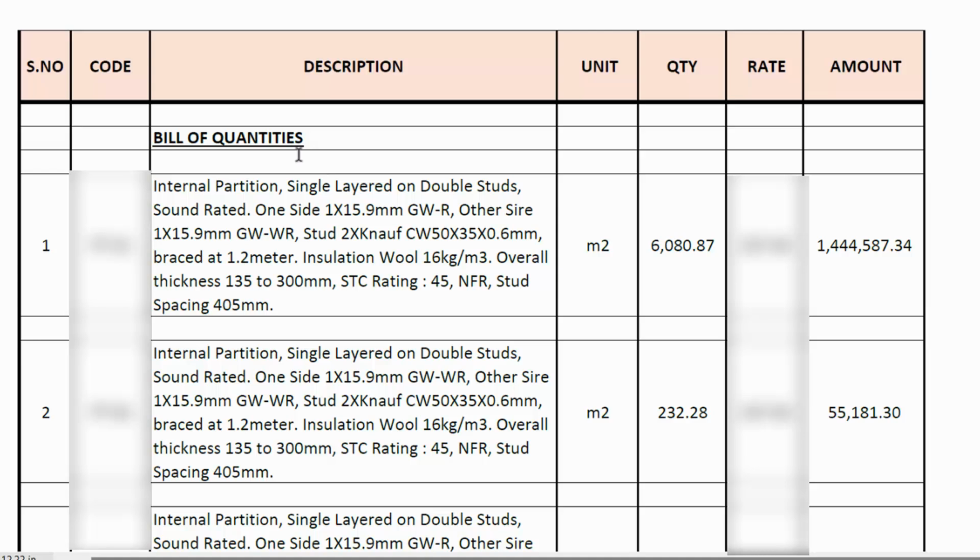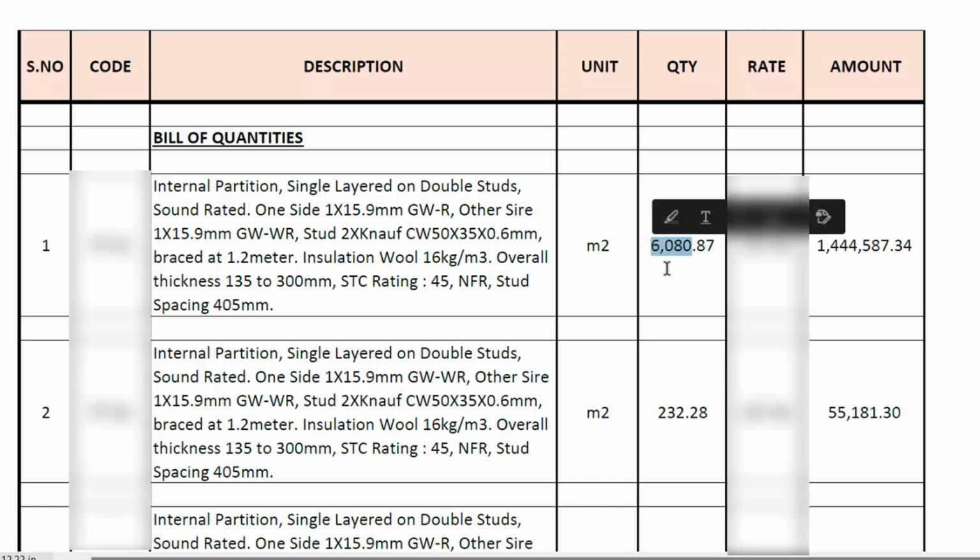If you see other types like the approximate bill of quantity, you will see the same things. The only difference between the firm BOQ and the approximate bill of quantity is that once this quantity is determined, it is considered the actual and final quantity, and this quantity cannot be changed in any case.